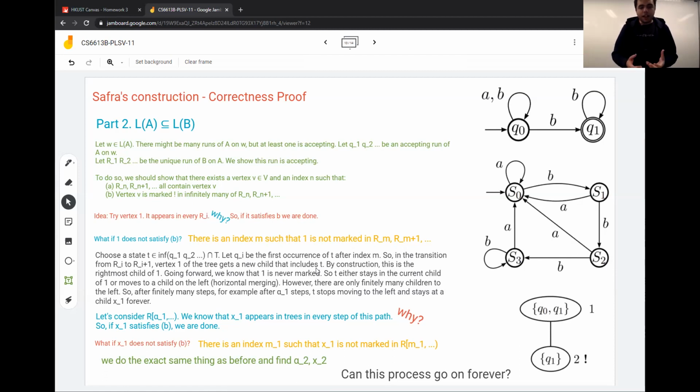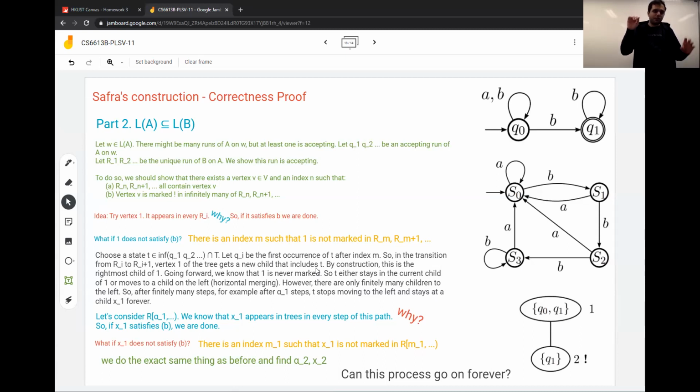Okay. Now, when I add children, I always add them as the rightmost child of their parents, right? But as things go on, we saw that sometimes vertices are removed from the rightmost child and instead go left, basically, right? So I look at what happens to this vertex T. It might remain in this rightmost child that it was put at the beginning, or it might get removed.